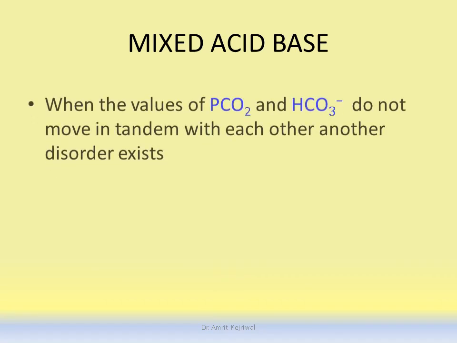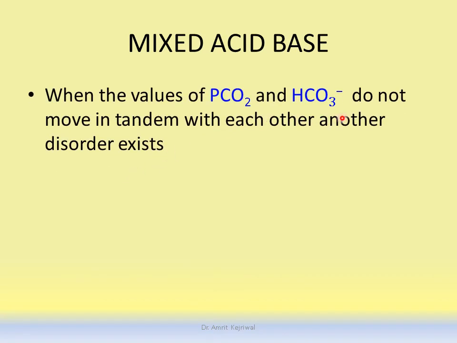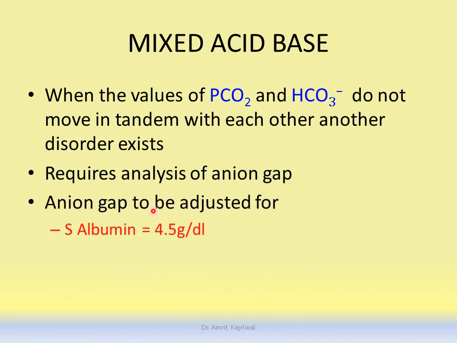Mixed acid base. When the values of PCO2 and bicarb do not move in tandem with each other, then another disorder exists. And this requires analysis of the anion gap. Anion gap is to be adjusted for serum albumin equal to 4.5 grams per deciliter.